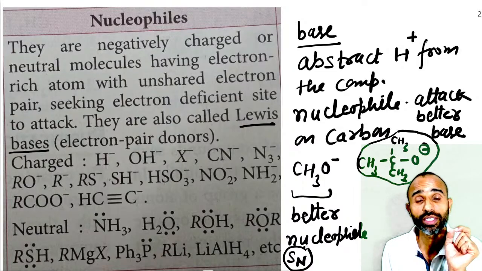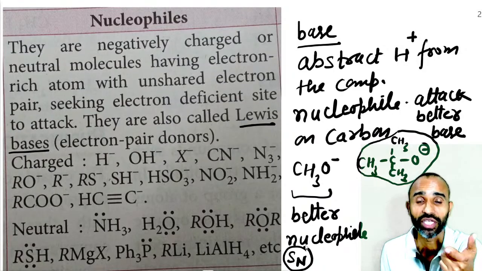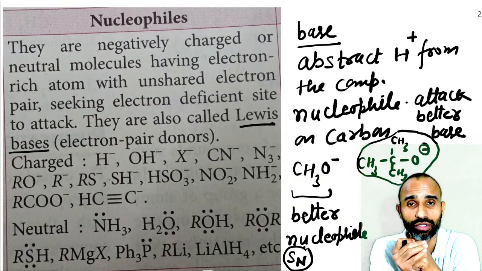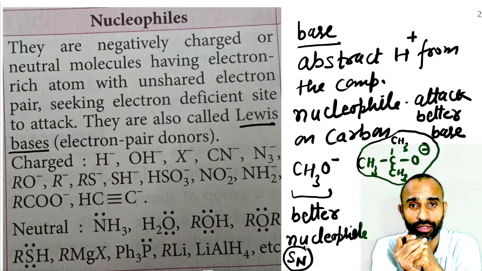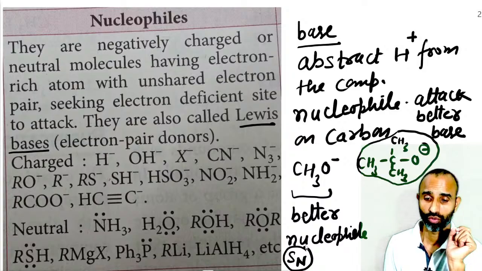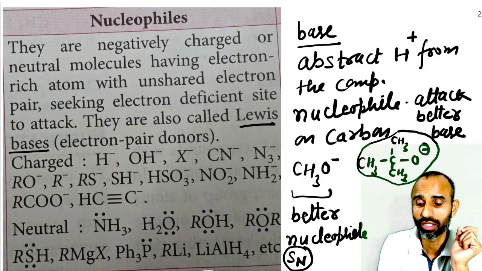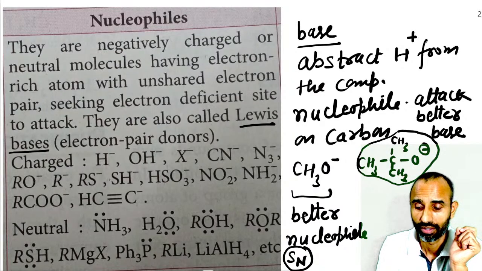But if it is a better base, it will undergo elimination reactions, like beta elimination reactions. So that is the basic difference between a Lewis base and a nucleophile.